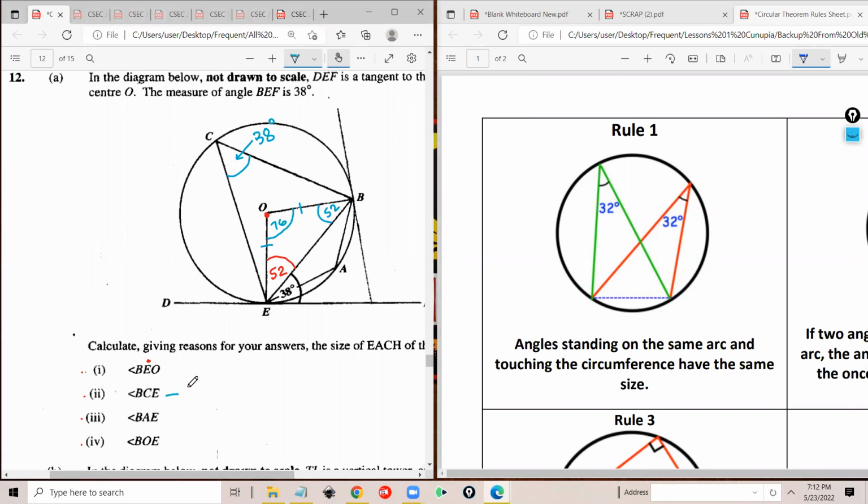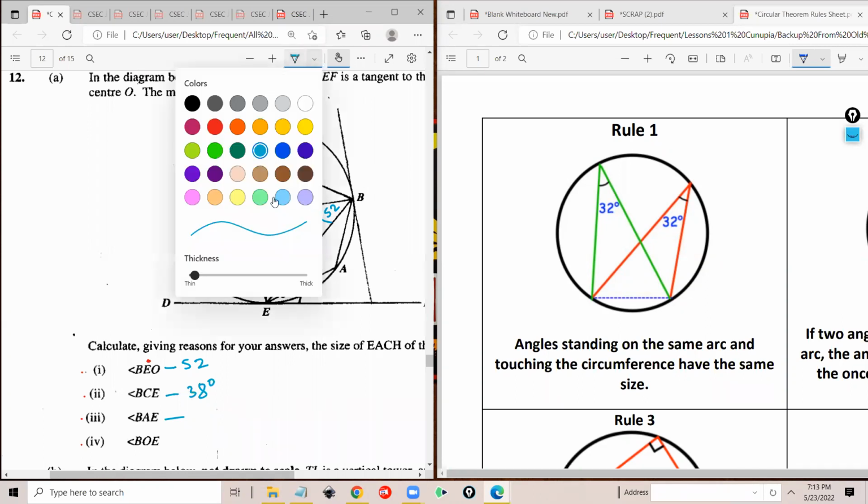Right, so it will be 38 degrees. Remember, you're dividing this by 2. The one at the circumference is the smaller one. So do not multiply by 2. You are dividing by 2. Right. The next one is BAE. Where's that one?